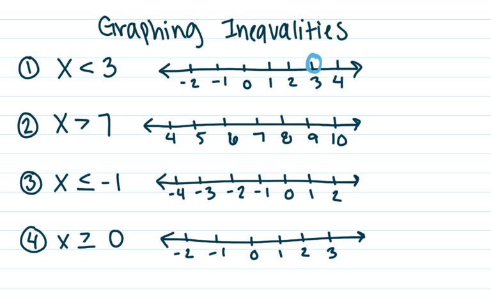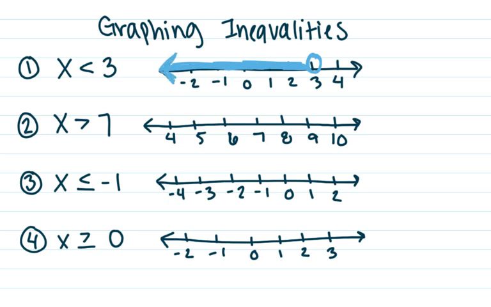However, I can shade in everything that makes this inequality true. So I want to shade on my number line every number that is less than 3. So is 4 less than 3? No, it's not. So I will not be shading 4. What about 2? Is 2 less than 3? Yes. 1? Yes. 0? Yes. What about negatives? Yeah, all of these negatives, every number to the left is less than 3.